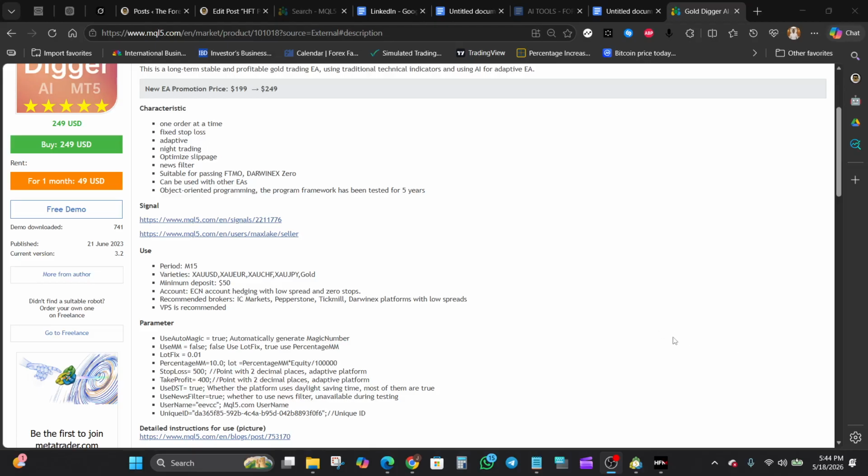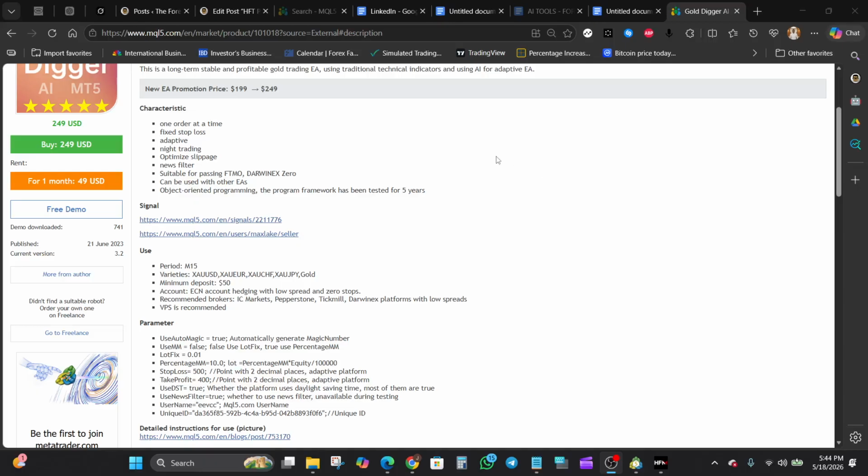The developer notes that the EA includes slippage optimization as well, which can be important when trading gold because spreads and execution quality can vary quite a bit depending on the broker and market conditions.